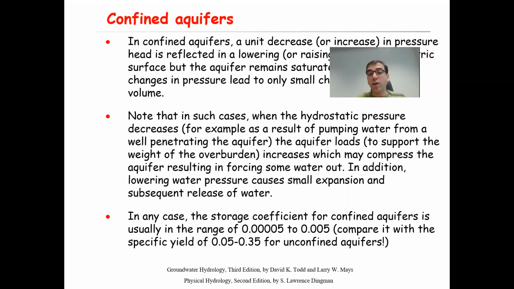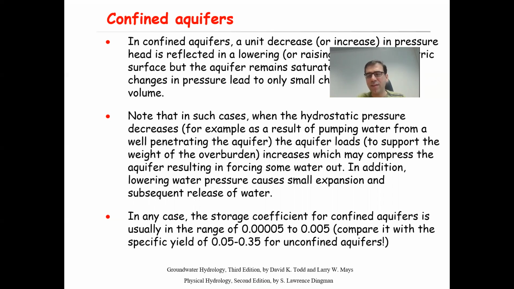Another mechanism that causes taking water out of the confined aquifer could be the lowering of water pressure. When you lower the water pressure, this may cause some small expansion and subsequent release of water. But as I mentioned earlier, the actual tangible water extraction is much smaller compared to the unconfined aquifer.